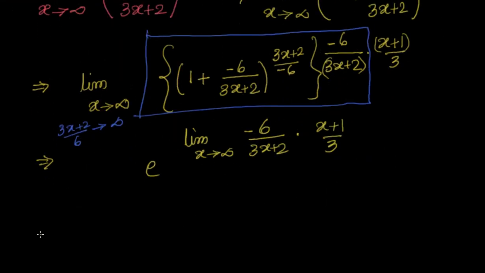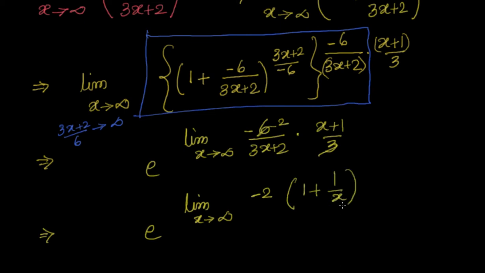So this next step is e power limit x tends to infinity, minus 2 times, and I can write x plus 1 as 1 plus 1 by x, and 3x plus 2 as 3 plus 2 by x. We know how to do this. You can take x out.